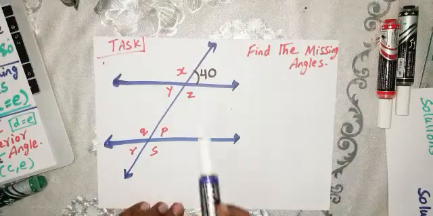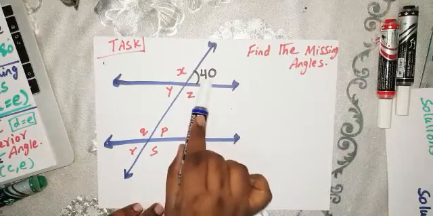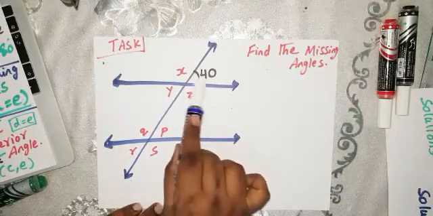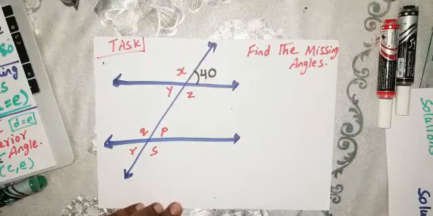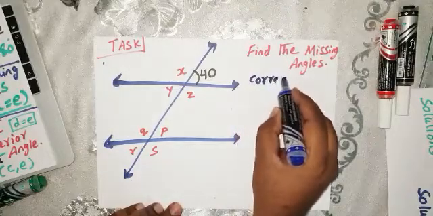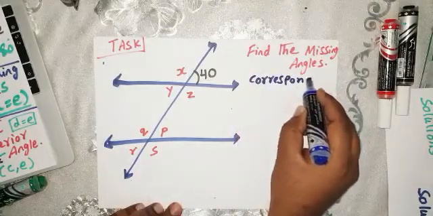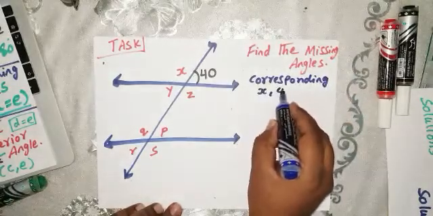I want to check first what is the relation between the given 40 and X. 40 and X, they are side by side. So we can say they are corresponding. So first we take the relation of corresponding angles. So corresponding angles are X and 40.